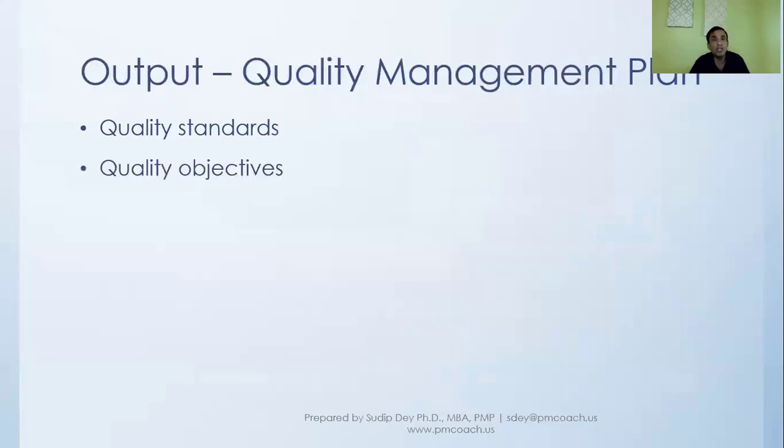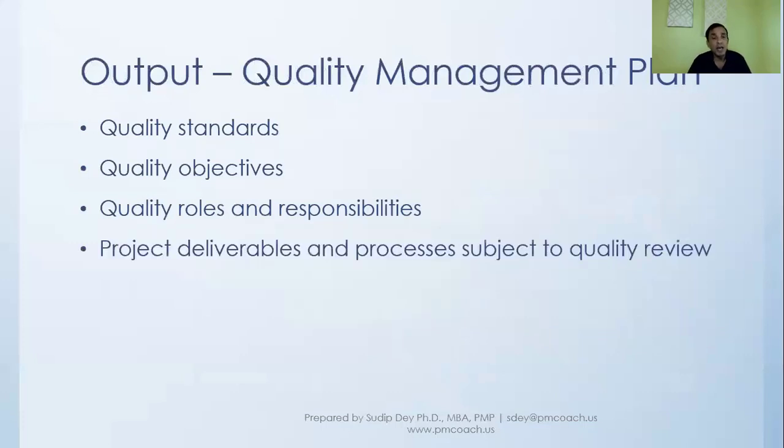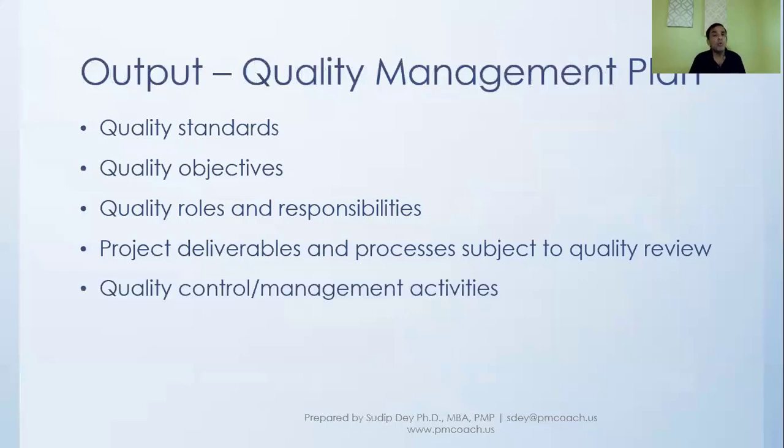You will put together what are the processes that you will use for quality objectives, what should be the quality roles and responsibilities, what are the project's deliverables and processes that should be subject to quality review, and what should be the quality control and management activities.